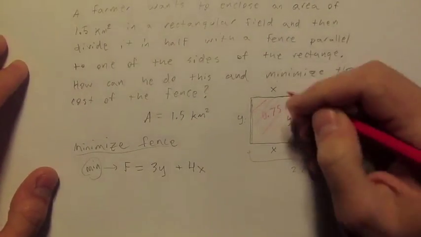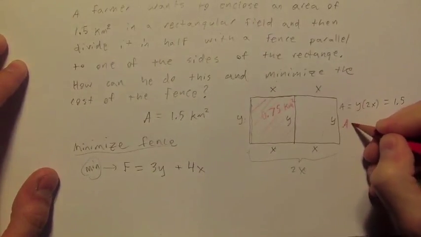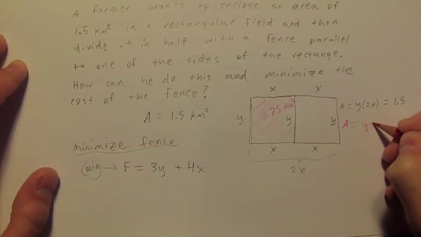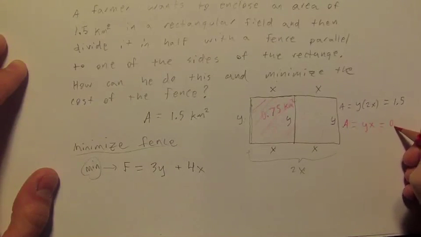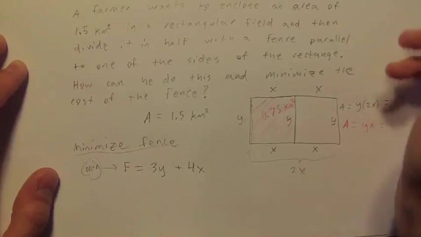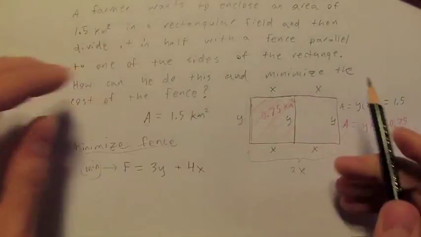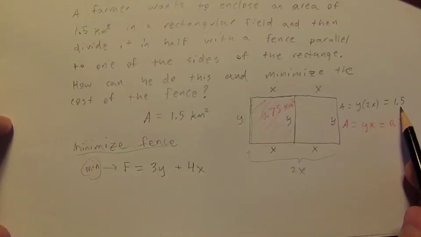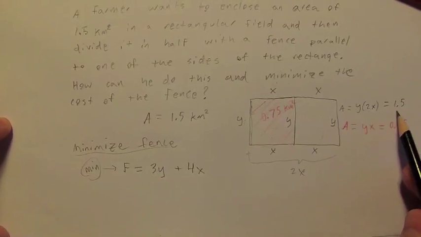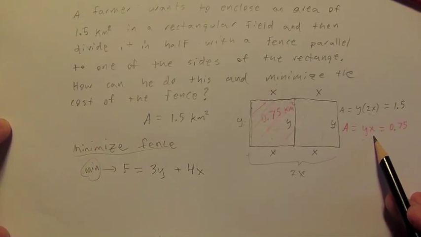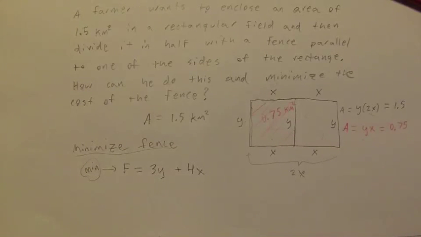So the area of the red region I did is a y by x rectangle, and that's equal to 0.75. And check this out. If I started either way, it doesn't matter, because here, if I have y by 2x equal to 1.5, if I divide both sides by 2, I get y times x is equal to 0.75. So it really doesn't matter all that much.